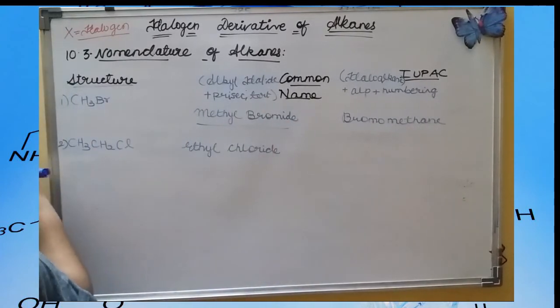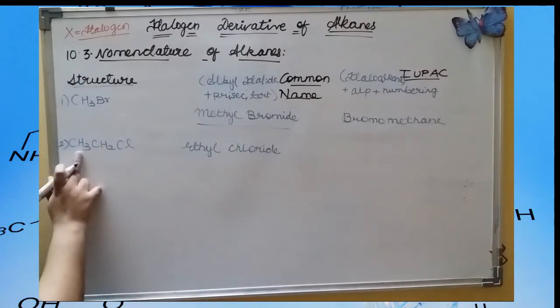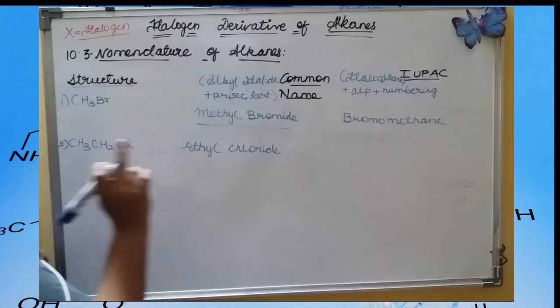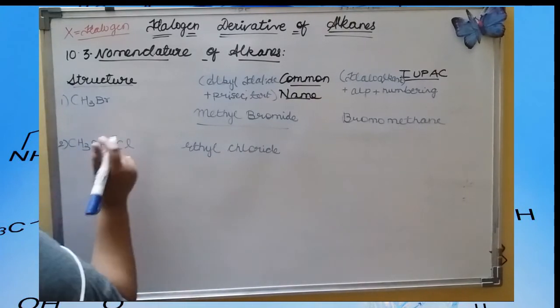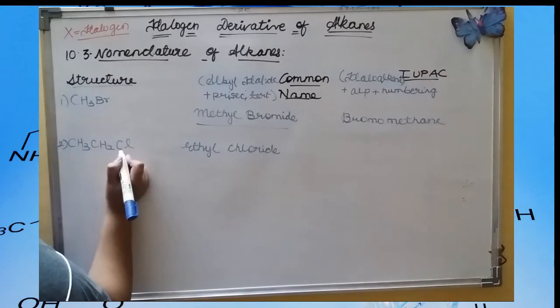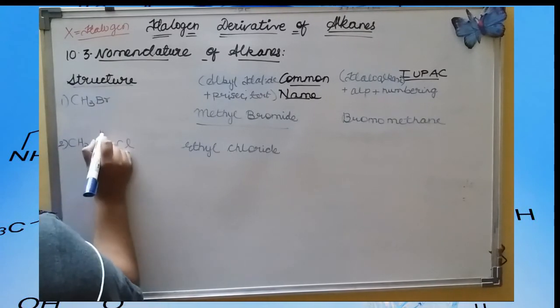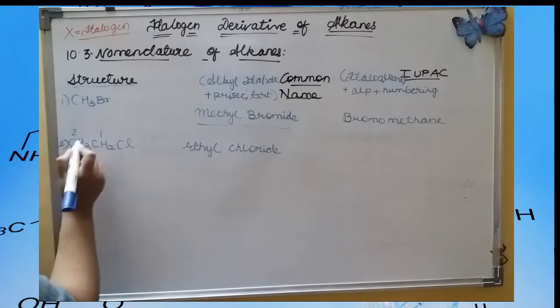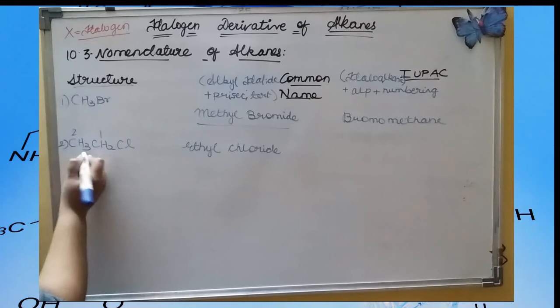Here in IUPAC, however, now numbering will start because there are more than one carbon atoms. Numbering would start from the carbon atom which has the halogen atom nearest to it. So this is the carbon atom which has chlorine near to it, so we will name it as 1 and 2, and so this would be 1-chloroethane.